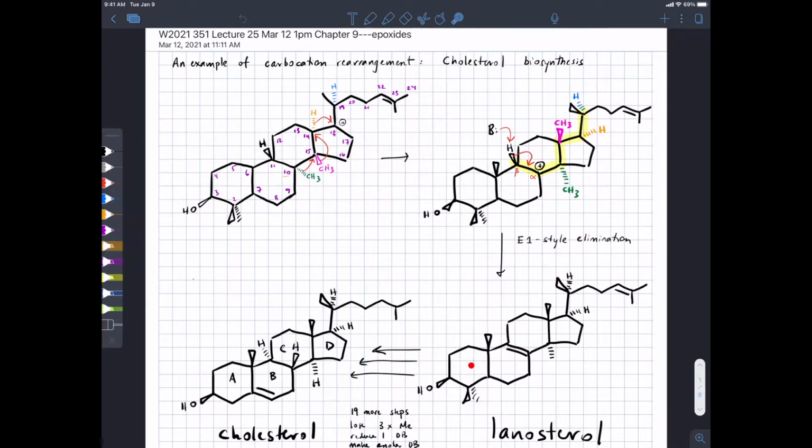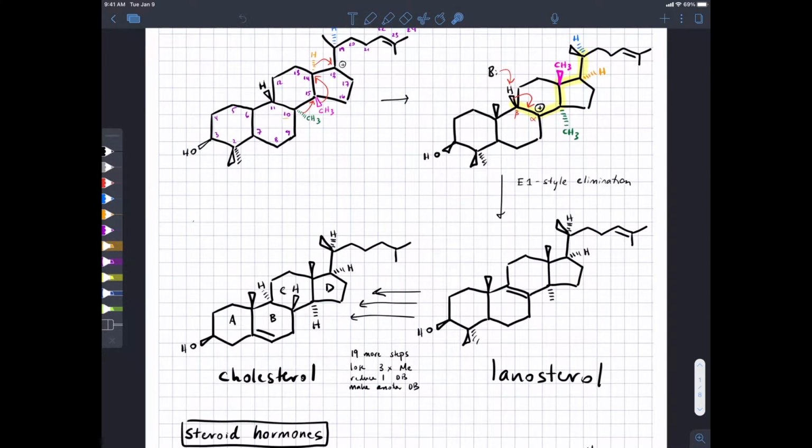Already with these 3 6-membered rings and 1 5-membered ring, you're building up the core of all sorts of steroid hormones and other molecules in biology. It takes another 19 more steps where you lose these 3 methyl groups, you reduce this double bond, and you move this double bond over here. But once you do that, you have the molecule cholesterol.